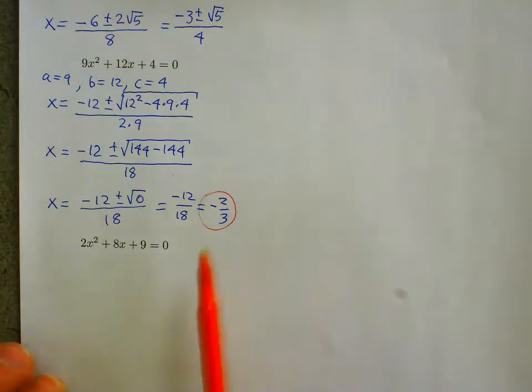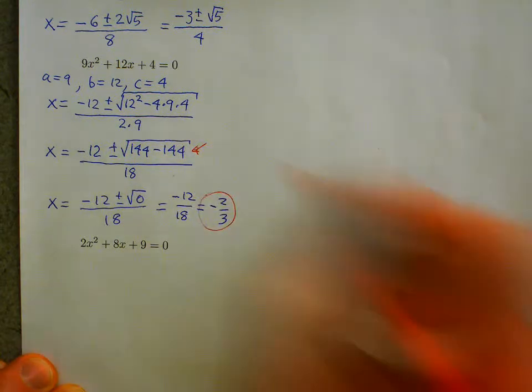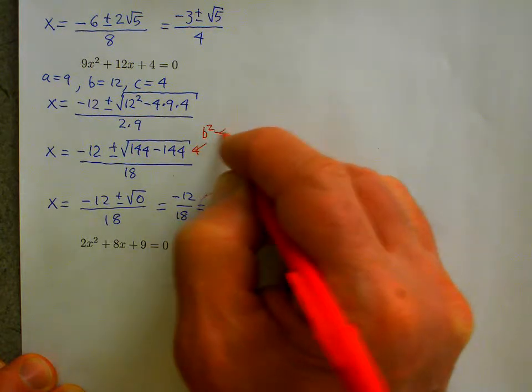So what does that mean again, if there's one repeated solution? Or equivalently, when the discriminant is 0, the b to the second minus 4ac is 0.